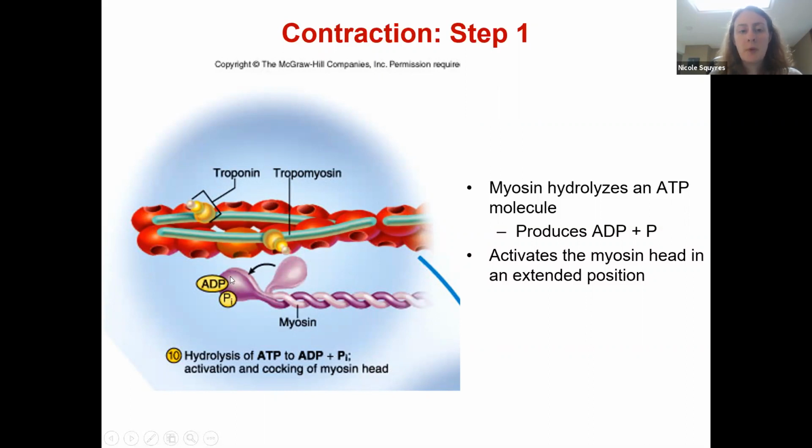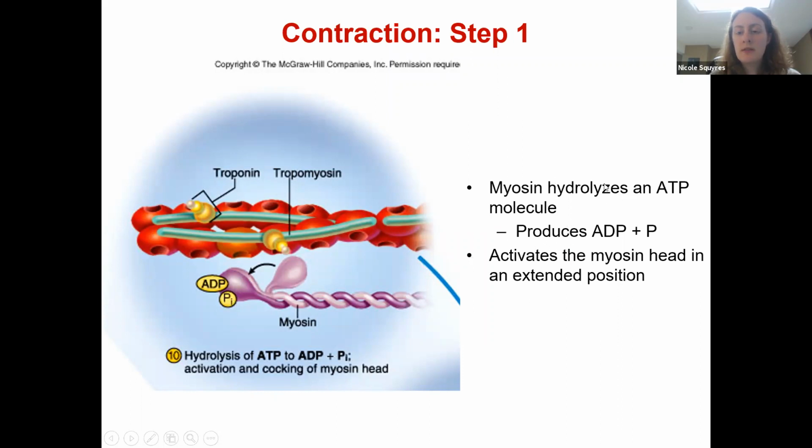But when it's bound to myosin, ATP is immediately going to be hydrolyzed. Okay, and that means that it's going to break down into ADP and an inorganic phosphate. Okay, so ADP plus that phosphate are on the myosin head.